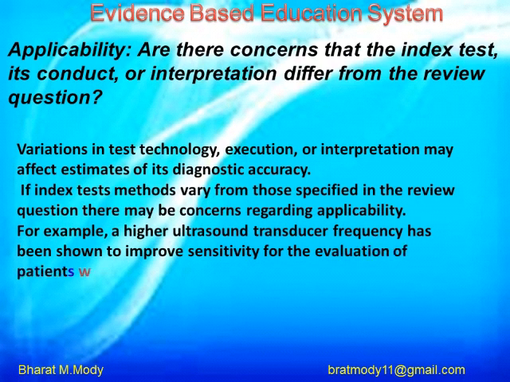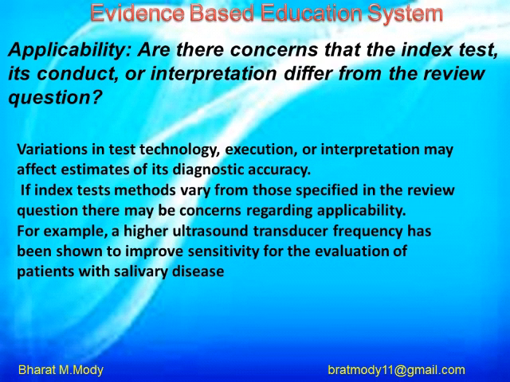Are there concerns about the index test and its conduct? Just as you did for the index test, the review question also should be considered. Variation in test technology, execution or interpretation may alter the diagnostic accuracy. So we have to see that the index test method does not vary from that specified in the review question.